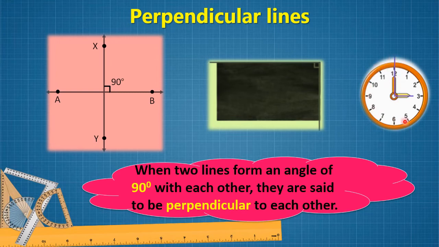At this time, you can see the minute hand and the hour hand make an angle of 90° with each other. Therefore, we can say at this time, long hand and the short hand of a clock are perpendicular to each other.